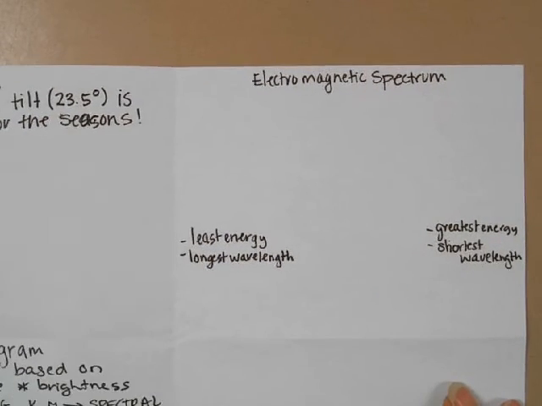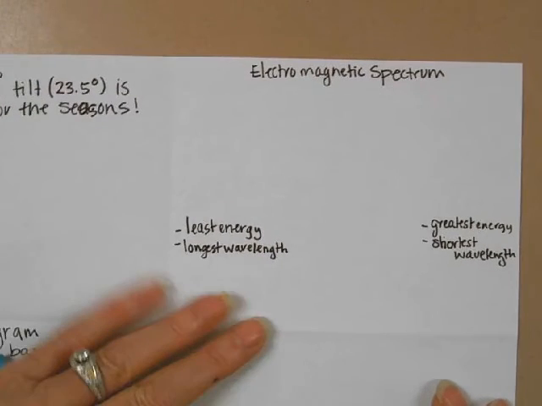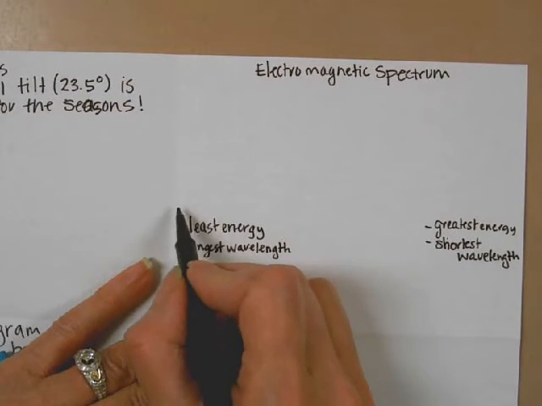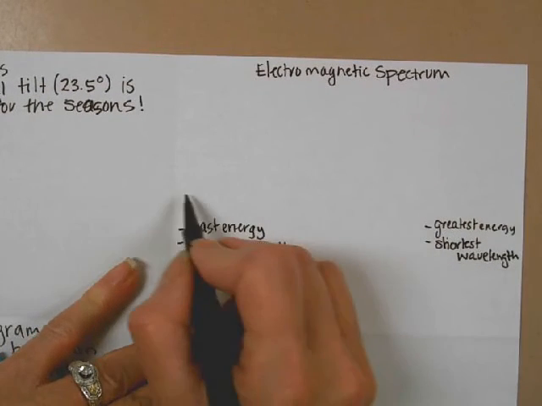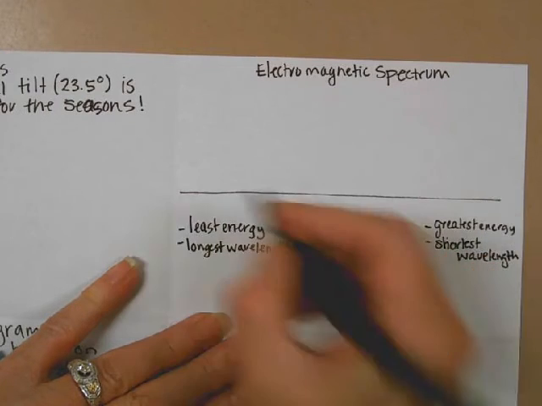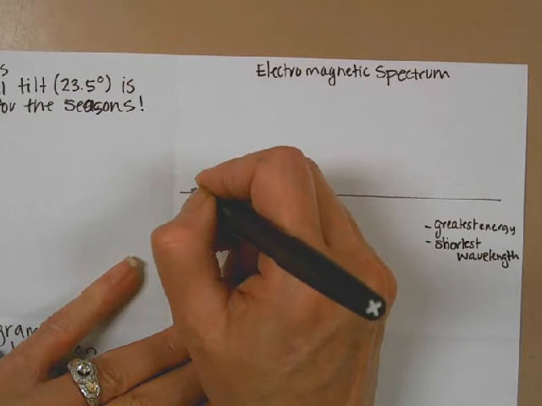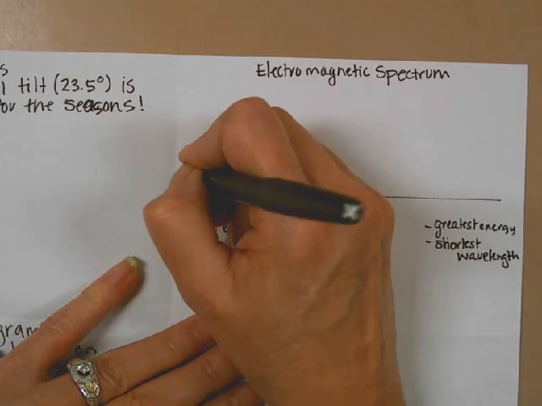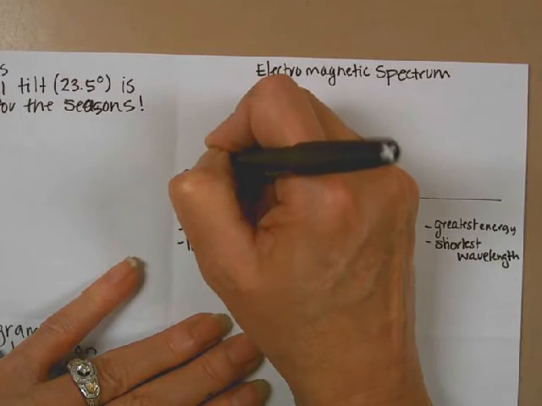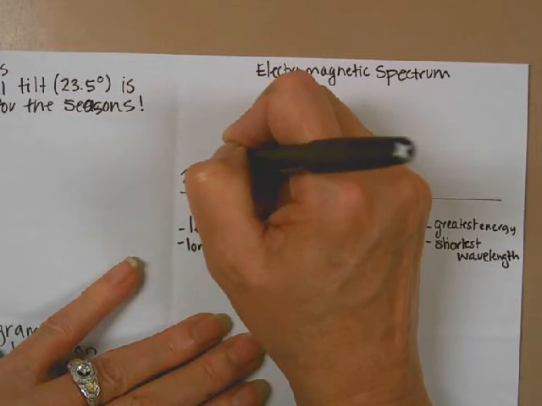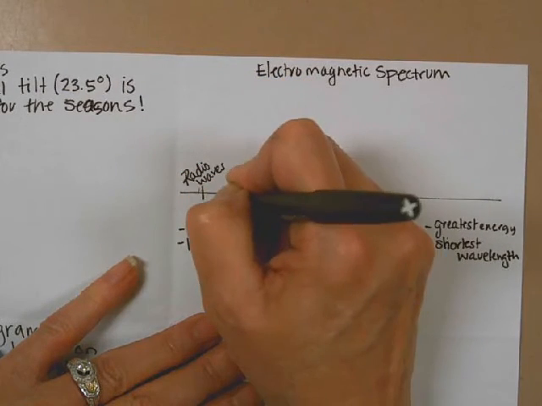All right, so we are going to start. We're going to list them in order. We're going from least to greatest. And we're going to start with the very first one, which is radio waves. Then we have next up microwaves.